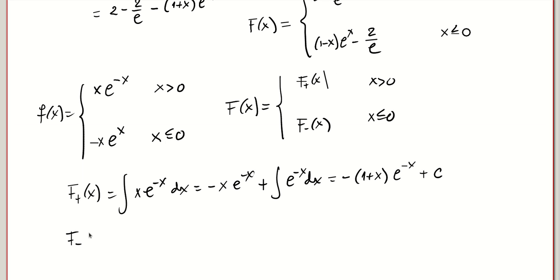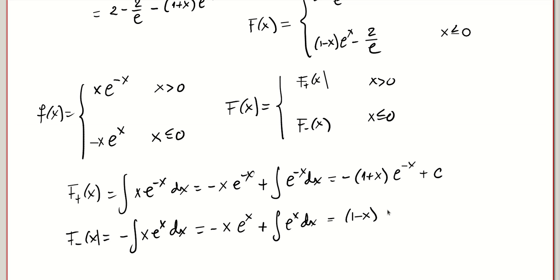Now the second primitive is the primitive of this, okay? Integrating by parts again, you have minus x e^x minus, with the minus is a plus, the primitive of e^x dx, okay? And you calculate the primitive of this, which is just the exponential, and then you get 1 minus x times e^x. And then you have an additive constant, which of course need not be the same.